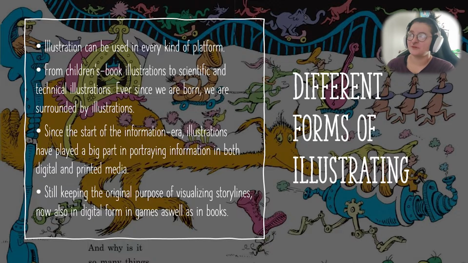So now for the different forms of illustrating. Illustrations can be used on every kind of platform, from children's book illustrations to scientific and technical illustrations. Ever since we are born, we are basically surrounded by them.